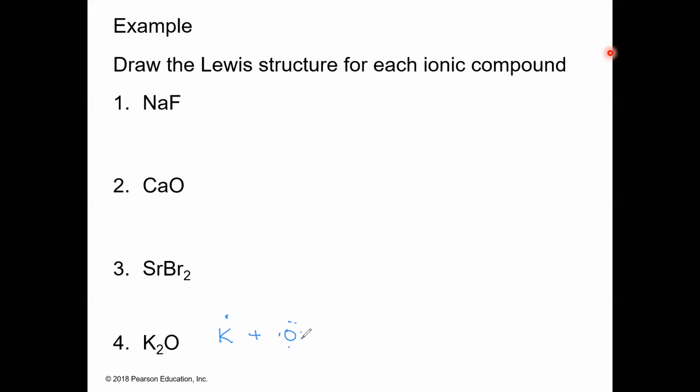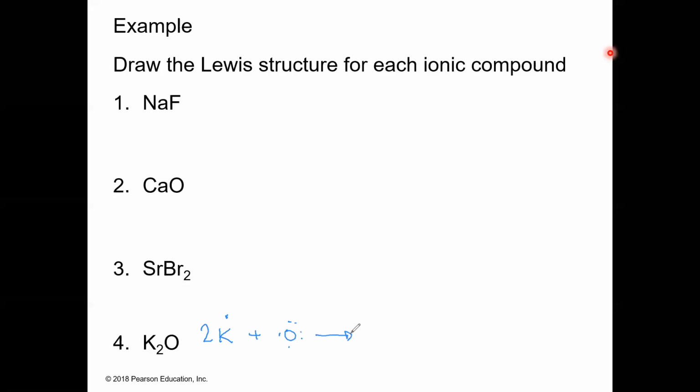Here we see we're going to need 2 potassiums because oxygen here is missing 2 electrons from being a complete octet. Each potassium only has 1 electron to give. In order to have those 2 electrons be donated to oxygen, we need to have 2 potassiums in order for them to each donate 1 valence electron.